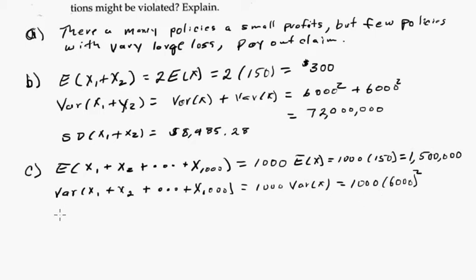And so the standard deviation of X1 plus X2 plus dot dot dot X1,000 is just the square root of that.